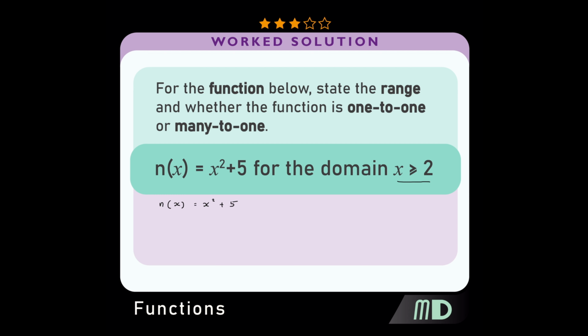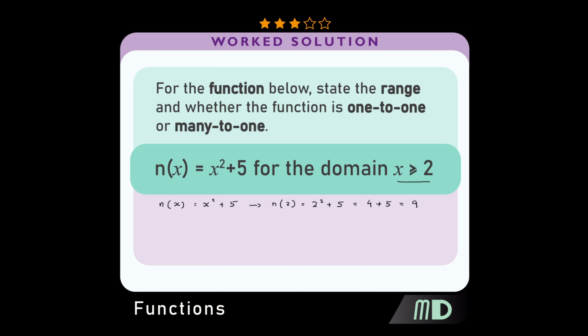And substituting 2 for x into n of x, we get n of 2 equal to 2 squared plus 5. And 2 squared is 4. So 4 plus 5 is equal to 9.